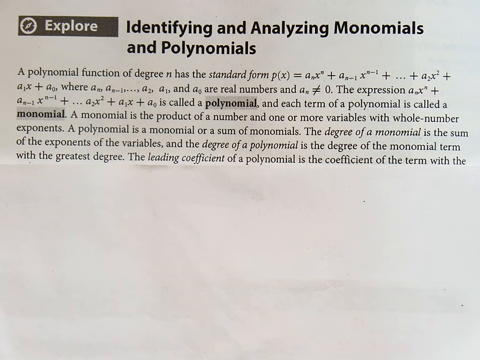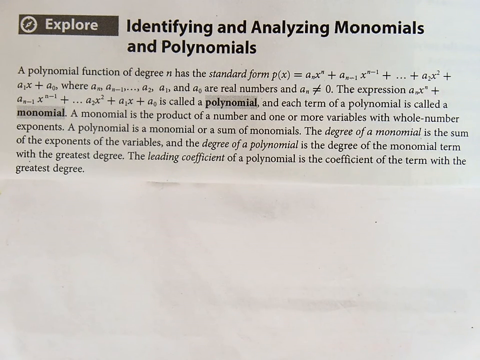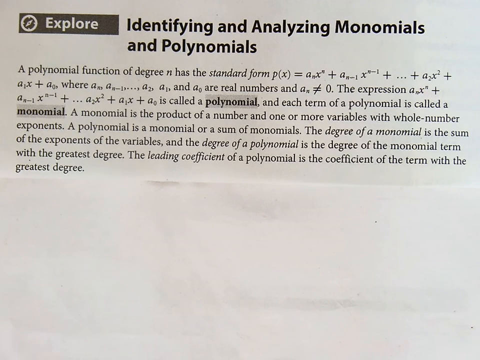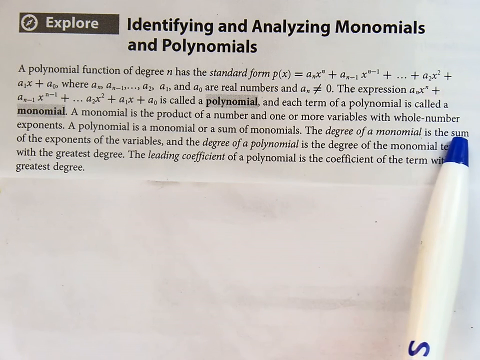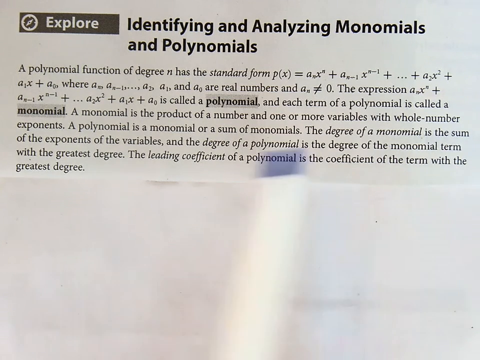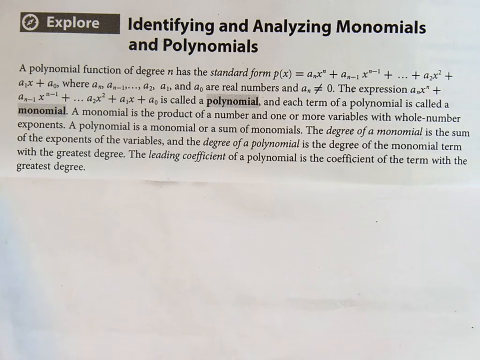The leading coefficient of a polynomial is the coefficient of the term with the greatest degree. Okay, so we've got a couple of different things going on here. You have the degree of your monomial, which happens when you add up all of the exponents of the variables.